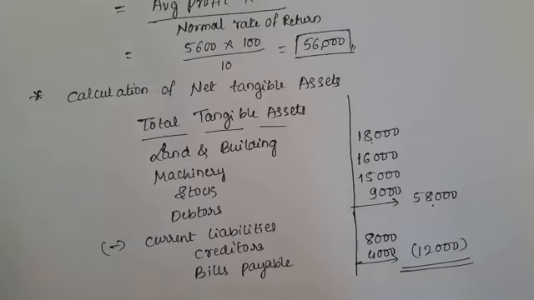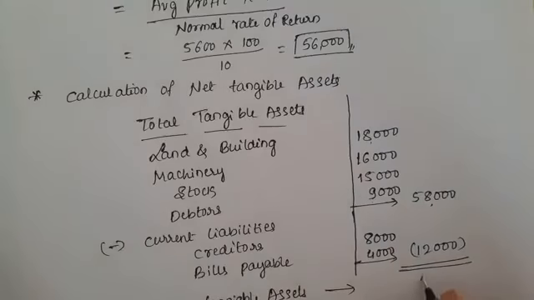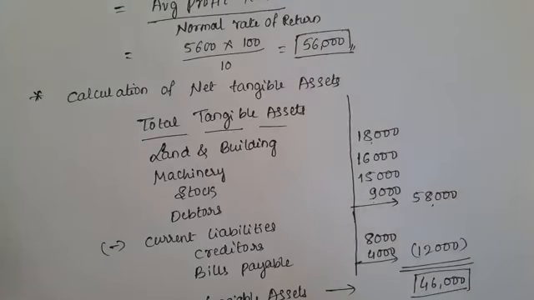Here net tangible assets equal 46,000. This is the net tangible assets.